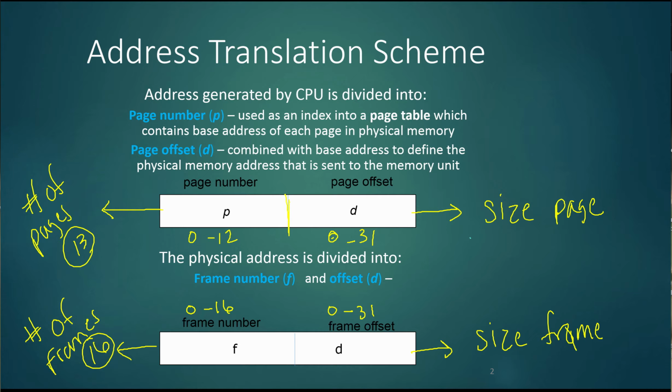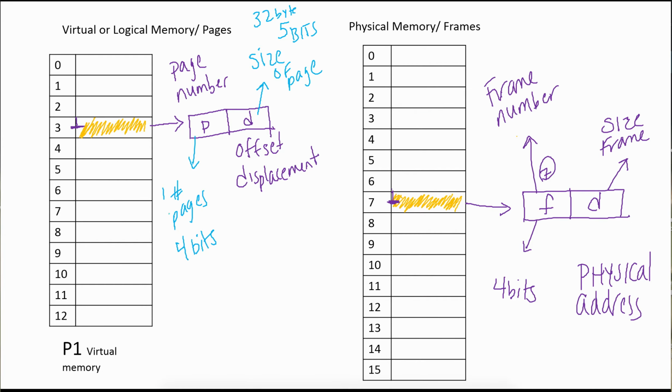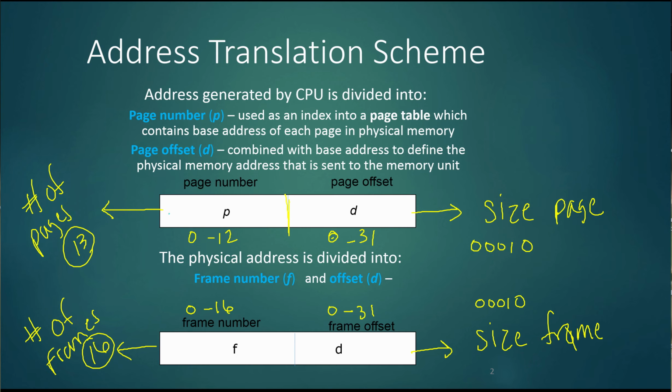Let's say, for example, the offset is 0 0 0 1 0. Then this would be the same, 0 0 0 1 0. But the page number would be different, because this was page 3 and frame 7. But the offset would always be the same.